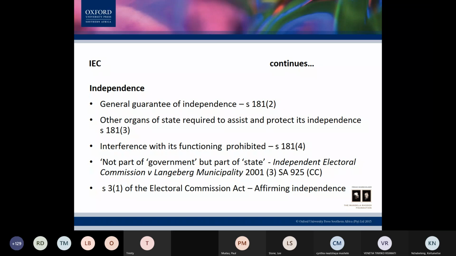As we proceed with the lecture, there is somewhere where I'll be trying to provide a distinction between a government and a state. The independence of the Electoral Commission is also affirmed by Section 3, subsection 1 of the Electoral Commission Act, which is almost a copycat of what is provided for in terms of Section 181, subsection 2 of the Constitution.